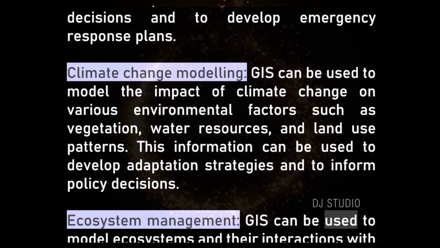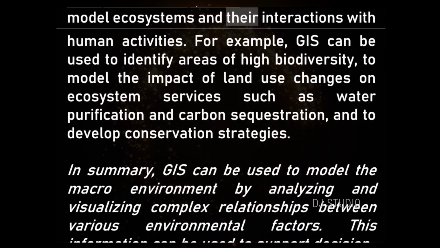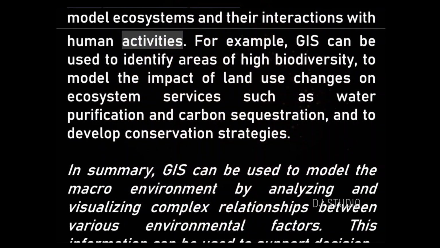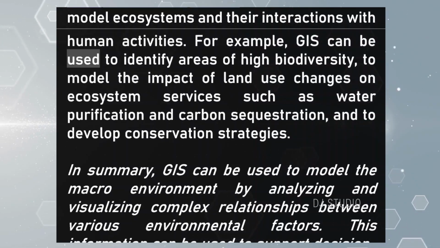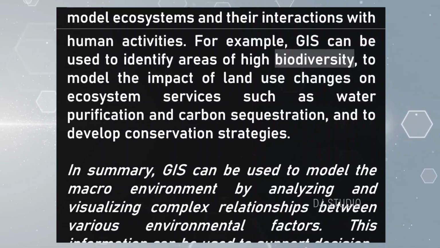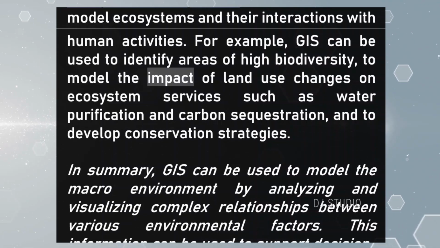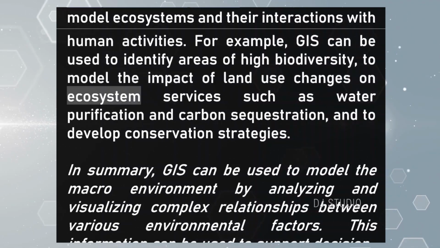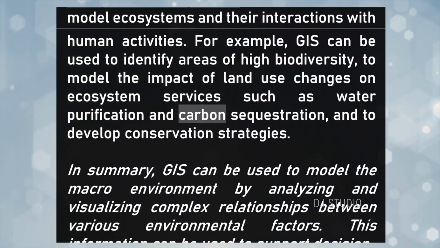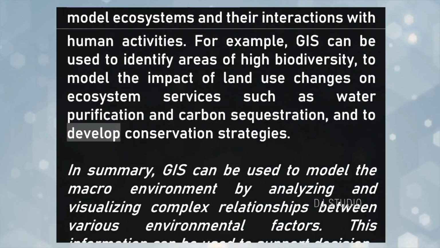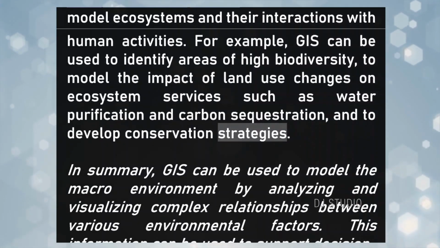GIS can be used to model ecosystems and their interactions with human activities. For example, GIS can be used to identify areas of high biodiversity, to model the impact of land use changes on ecosystem services such as water purification and carbon sequestration, and to develop conservation strategies.